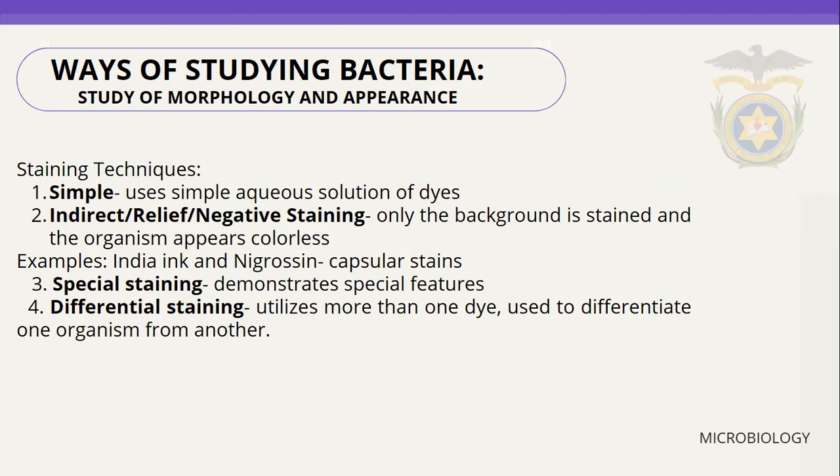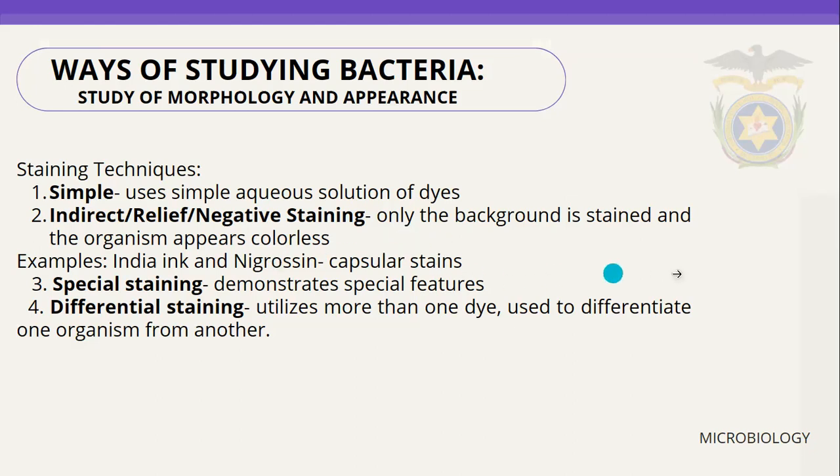Our examples here are India ink and nigrosin, which are used for capsular stains. The next one is special staining, which demonstrates special features. And our last one is differential staining that utilizes more than one dye, and it's used to differentiate one organism from another.